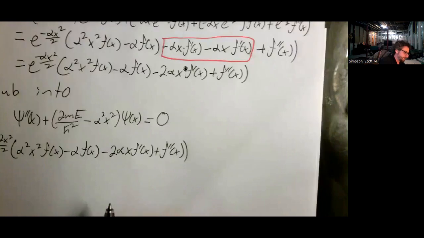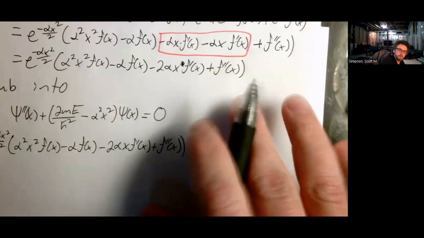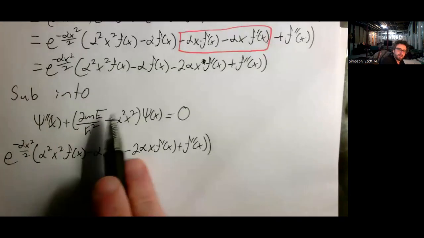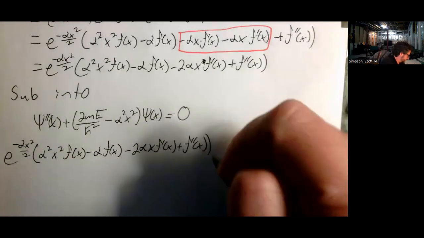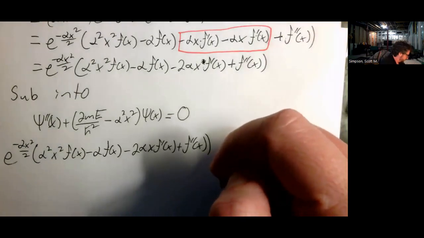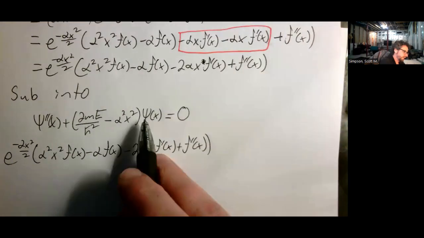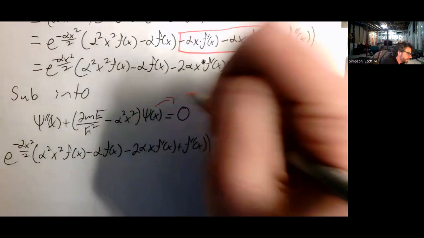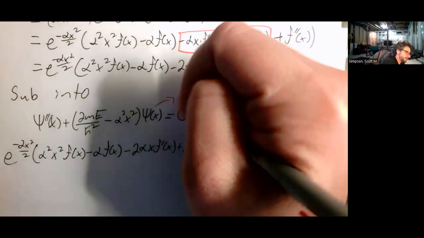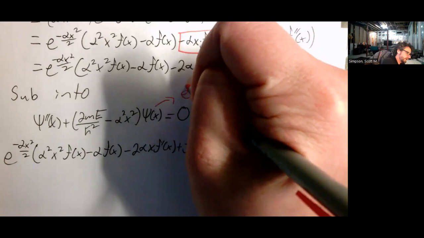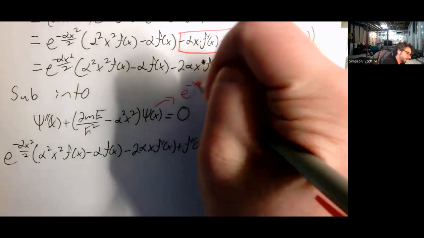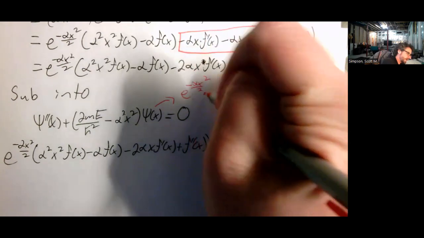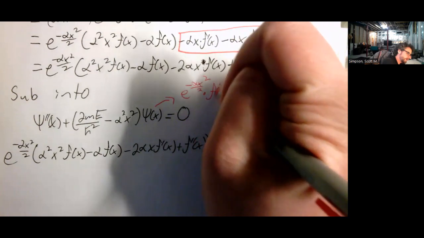So sorry if your hand's cramping at this point. And then we'll bring down these two other portions. What we're going to do at that point is, again, we know this guy, we assumed it looks like the function e to the negative alpha x squared over 2 times f of x.